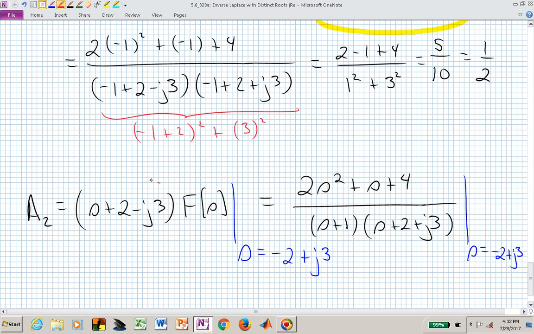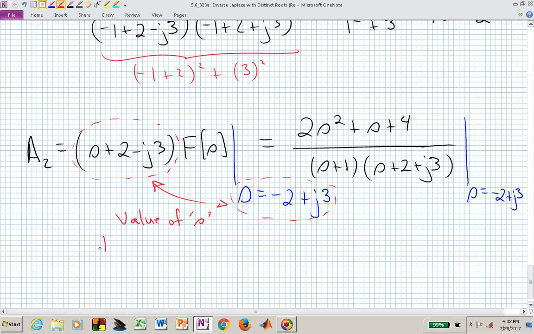Remember, this particular factor is associated with the value of s that causes s plus 2 minus j3 to vanish.